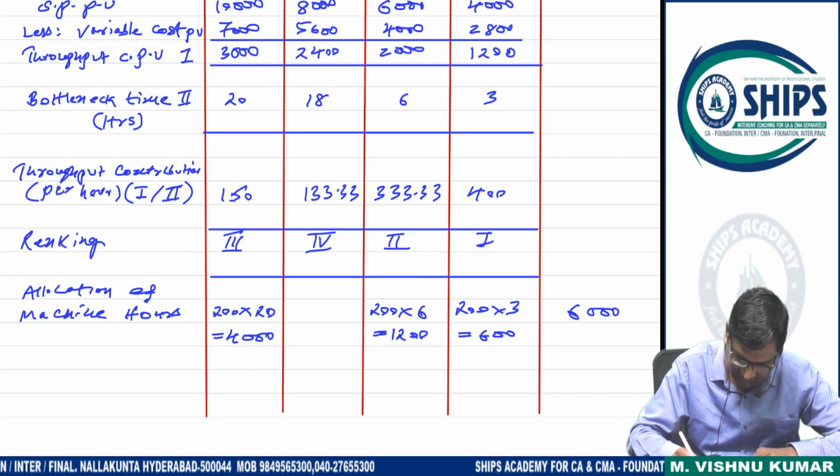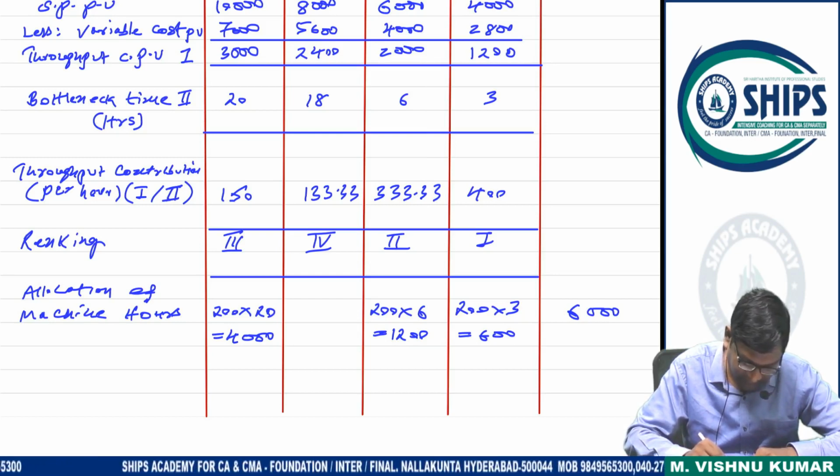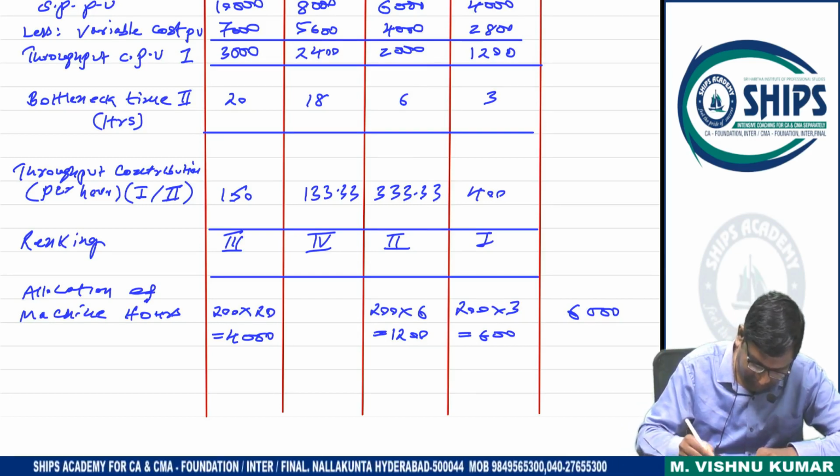See, first rank 1, 200 into 3, 600 used. Rank 2, 200 into 6, 1200 used. Okay, so balance 4200 is 1800 minus 6000. Then P product, 200 into 20. So 4000. Now only 200 available.